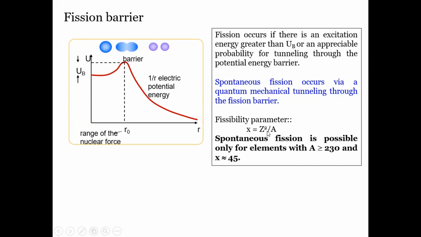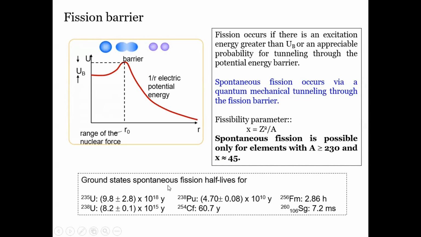The parameters that influence are Z square and A. So spontaneous fission is possible only for elements with A number greater than 230 and Z square over A of the order of 45.